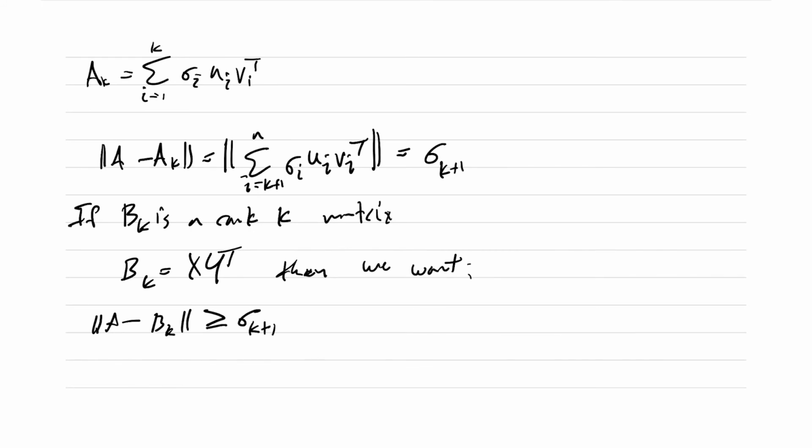That would make the approximation worse than if we just use A_k. That's not too bad. Basically, we can write any rank k matrix as a product of two matrices, each with k columns. So x and y have k columns.